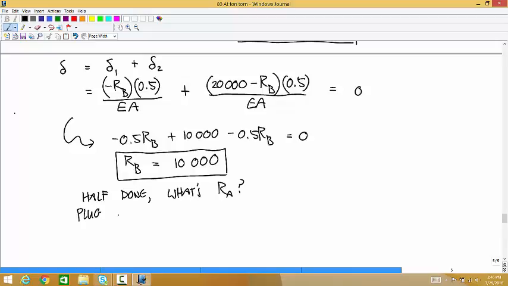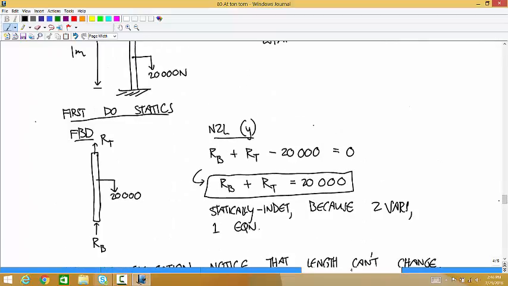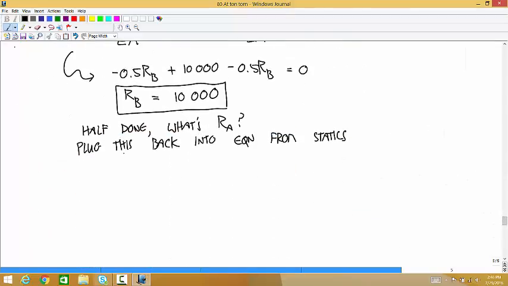So plug this back into the statics equation, and we know that RB plus RT is equal to 20,000. So 10,000 plus RT is equal to 20,000. So RT is equal to 10,000.